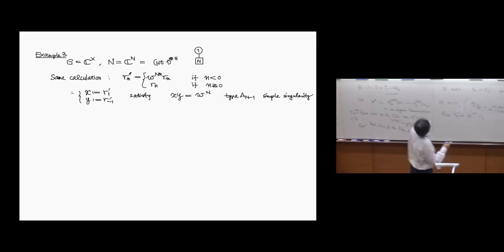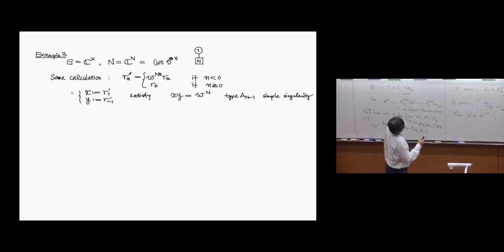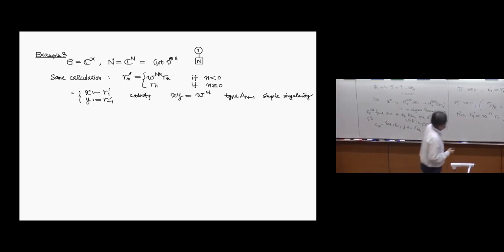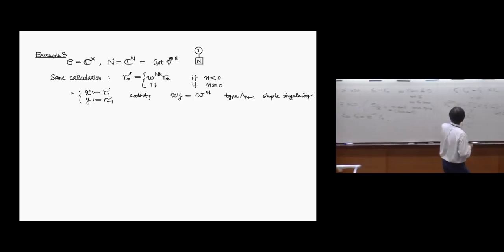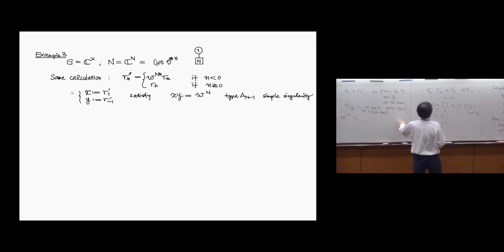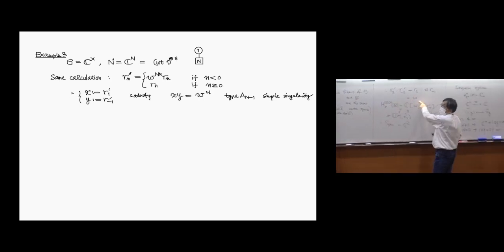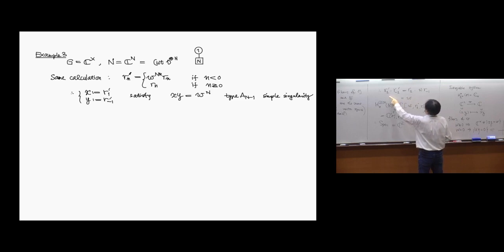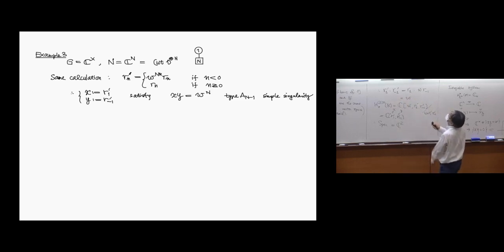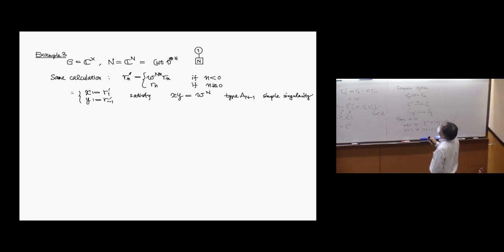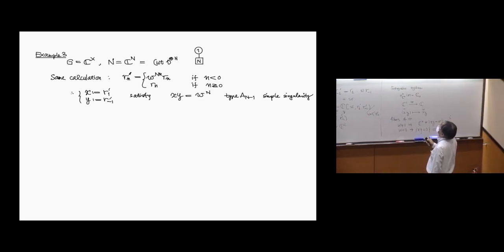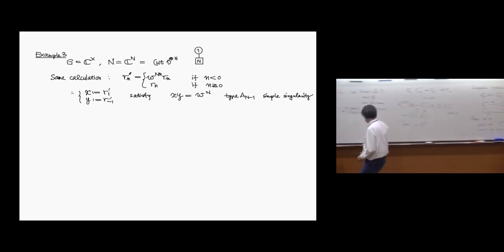Then, instead of xy equals w, I just erase xy equals w. Instead, we get w to the power large N. We have this variety.